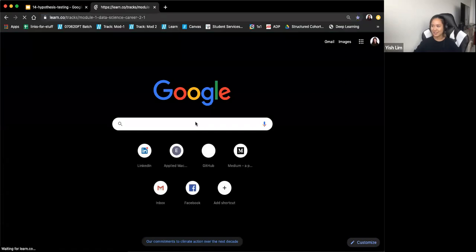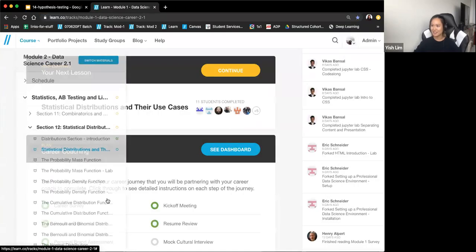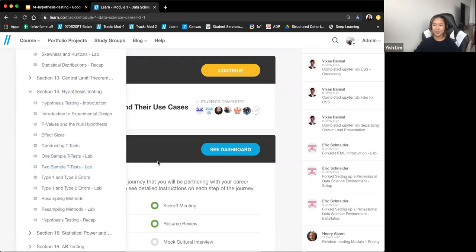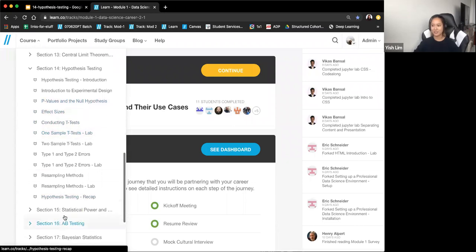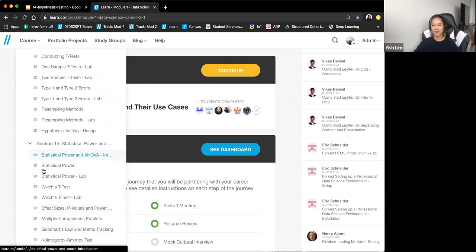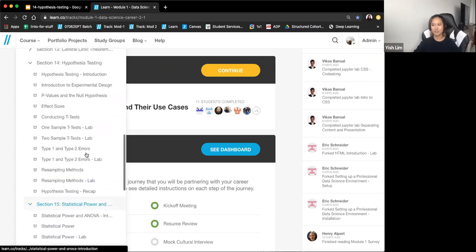Which reminds me, I did not go through the learn labs for this section. Just really quickly, these are all good to read. Definitely read experimental design, p-values, and the null hypothesis. Effect size is a good one to read; you'll see statistical power and effect size coming back in section 15, so I would read that to get a good primer.